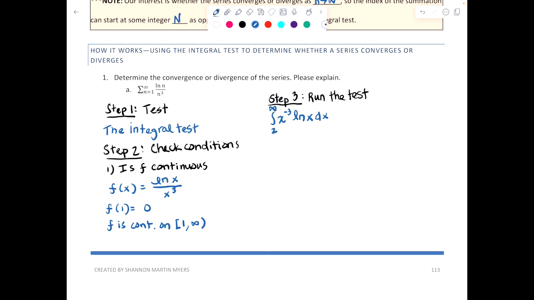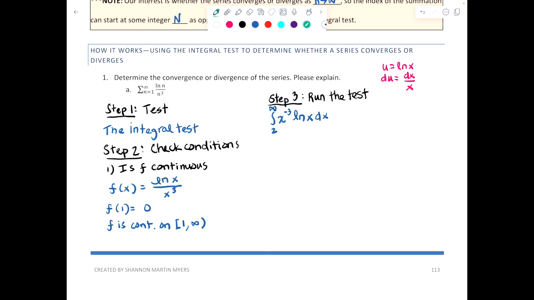And so let's go ahead and set it up. So we will have u has to be natural log at x, so that's nice. Du will be dx over x.